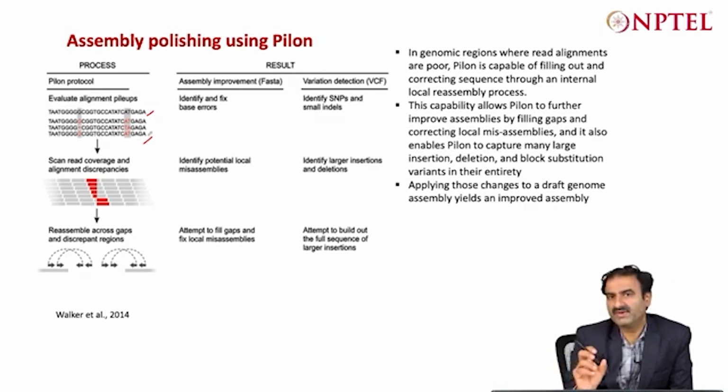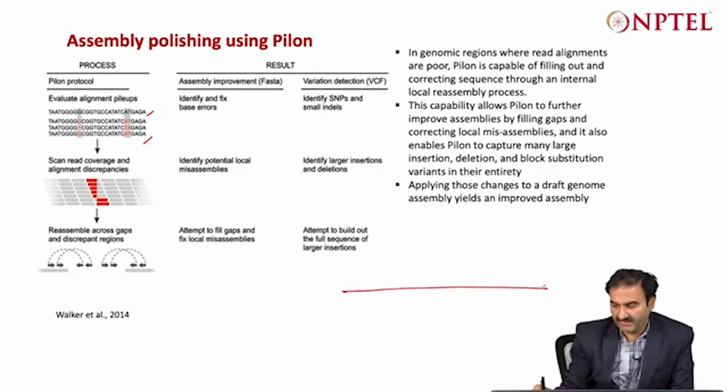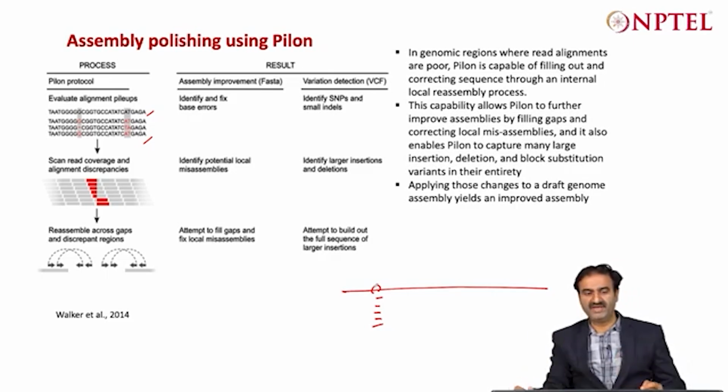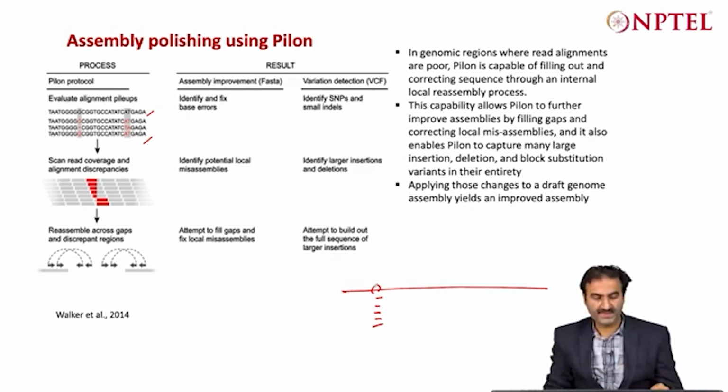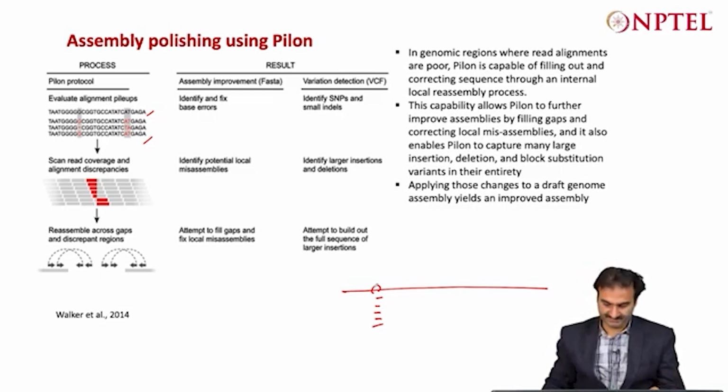There could also be some local misassembly. For example, in the assembly this is a region, whereas in the short reads the information is coming that this region should be flipped, or the assembly has been slightly misplaced, so it will also do that correction. It may reassemble and close the gaps, and across the gaps generally these errors happen, so it is fixing the errors and also rearranging a little bit so that you can fix those assembly errors.